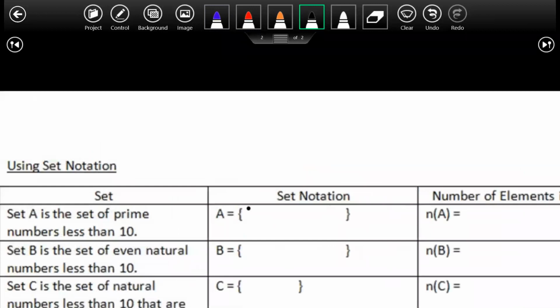Well, 1 is one of them. 2 is one of them. 3 is one of them, all the way up to 5. 6 is not prime, it is divisible by 2. 4 is divisible by 2. 8 is divisible by 4 and 2. 9 is divisible by 3. 11? Is it less than 10? No.